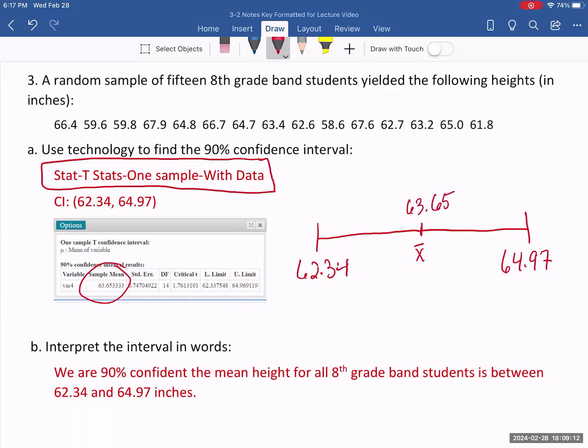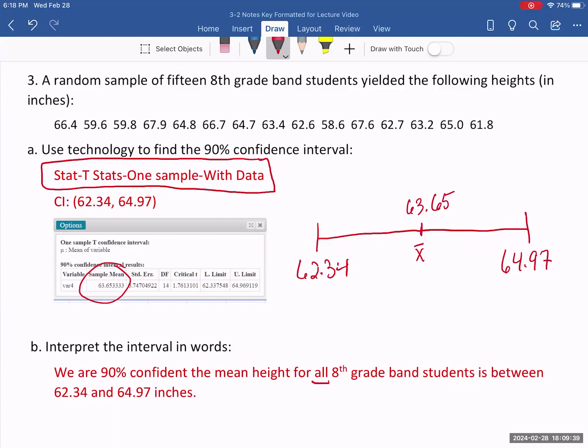This was a sample of 15 eighth grade band students and their heights. So the interpretation is that we are 90% confident the mean height for all eighth grade band students is between the limits of our interval, 62.34 and 64.97 inches.